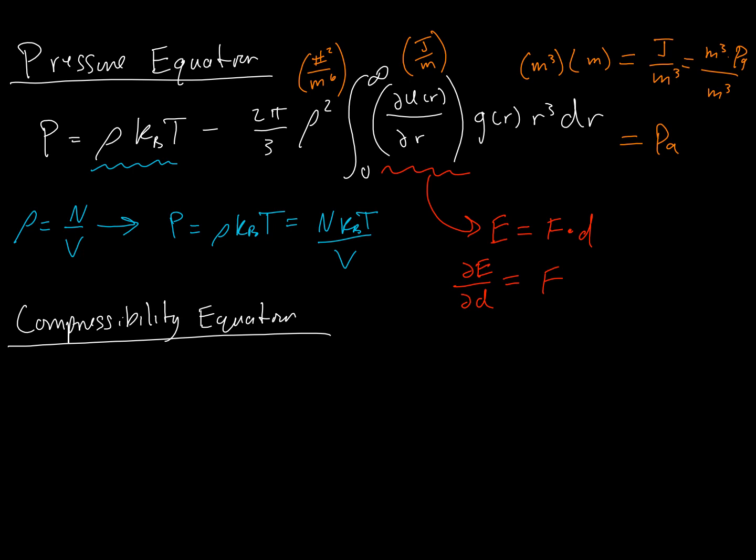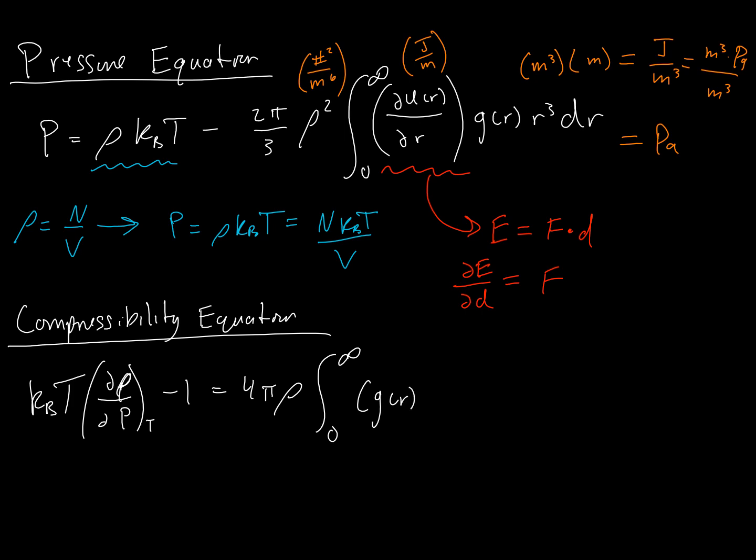Now, it's not critical that we know the derivation of these formulas, but it's important to understand how to actually use them if you had real data of a radial distribution function, for example. It's d rho dP in that derivative there.